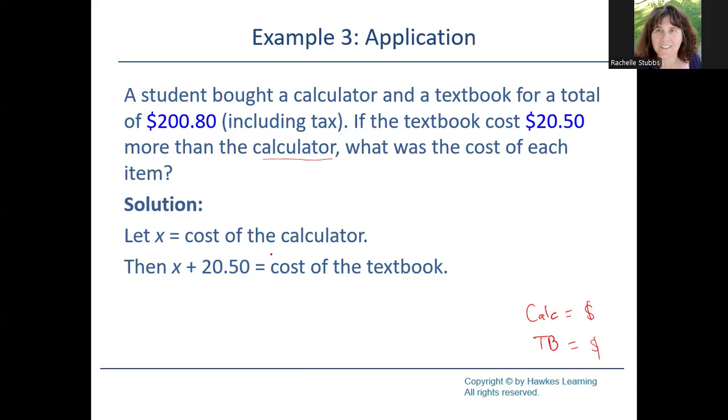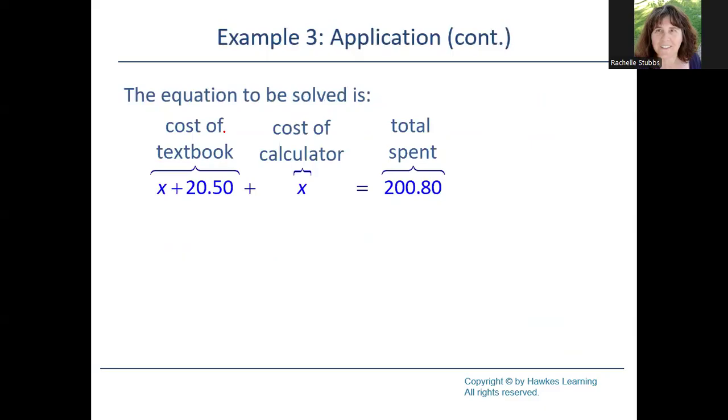And now I have the two of them, and I know their total right there. So I can set up this equation of x plus $20.50, that's the cost of the textbook, plus x, the cost of the calculator, equals $200.80. Now I'm ready to combine any like terms, aren't I?